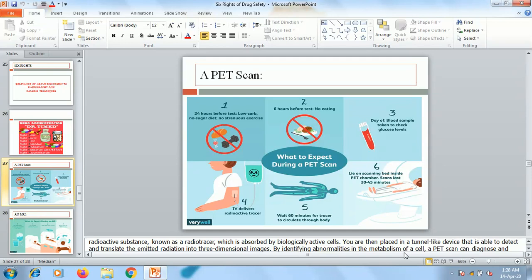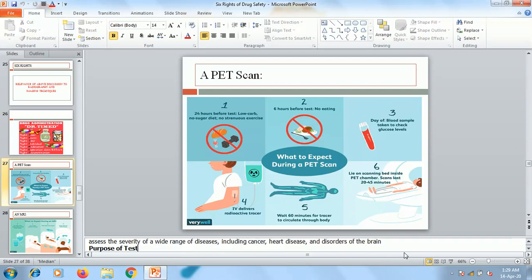Then the patient is placed in a tunnel-like device that is able to detect and translate the emitted radiation into three-dimensional images by identifying abnormalities in the metabolism of a cell. If there is an abnormality in the metabolism of a cell, that will definitely be radiated out.